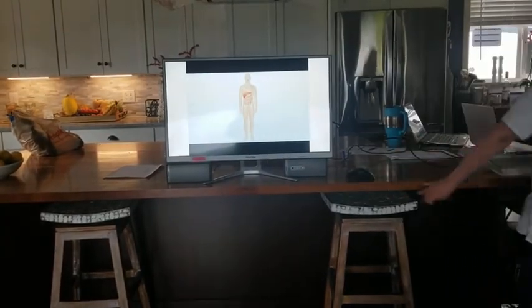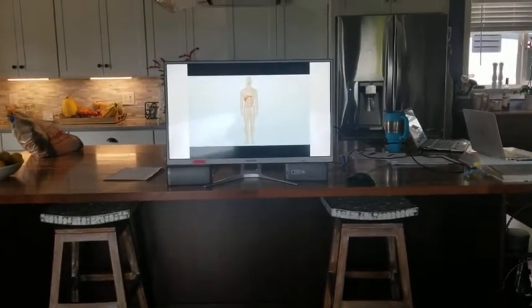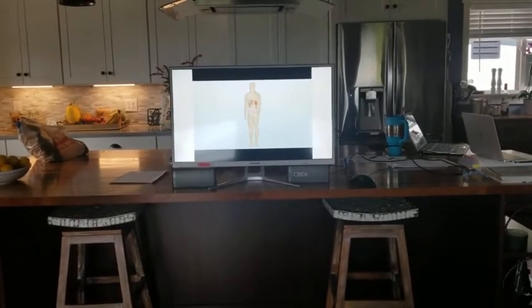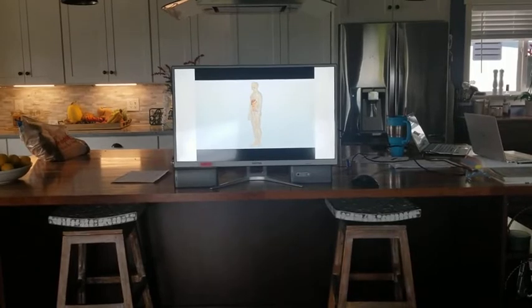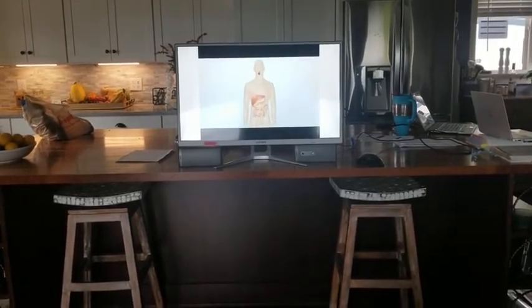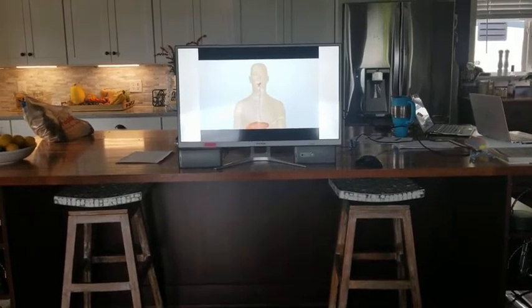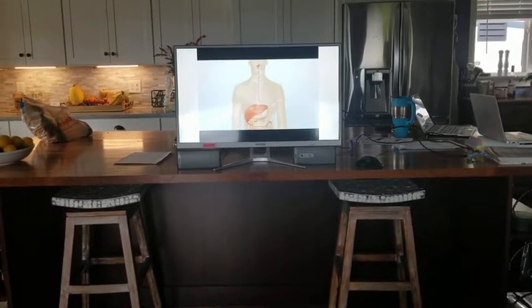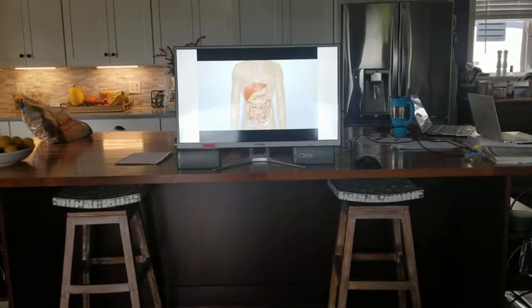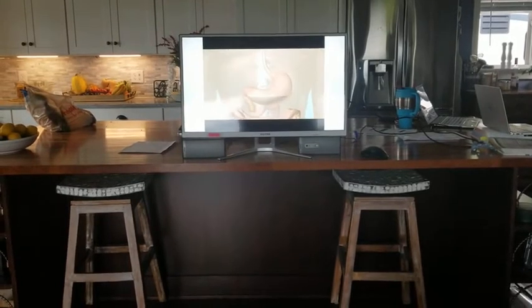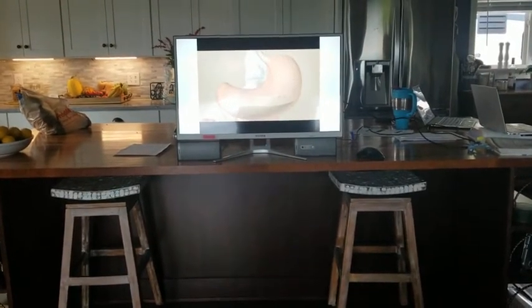Your digestive system consists of all the organs involved in breaking down the food you eat, absorbing nutrients, and eliminating waste products. When you take a bite of food, your digestive system is activated automatically. In the stomach, the food is broken down into smaller pieces and digestive juices are added.